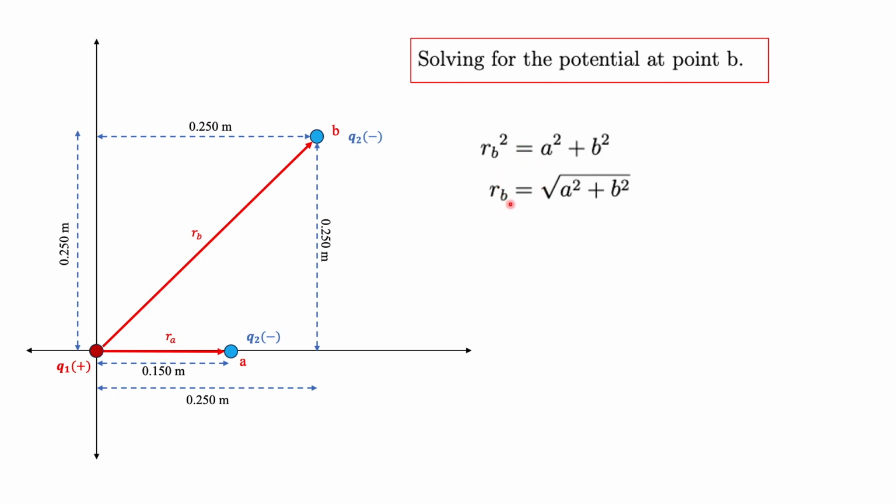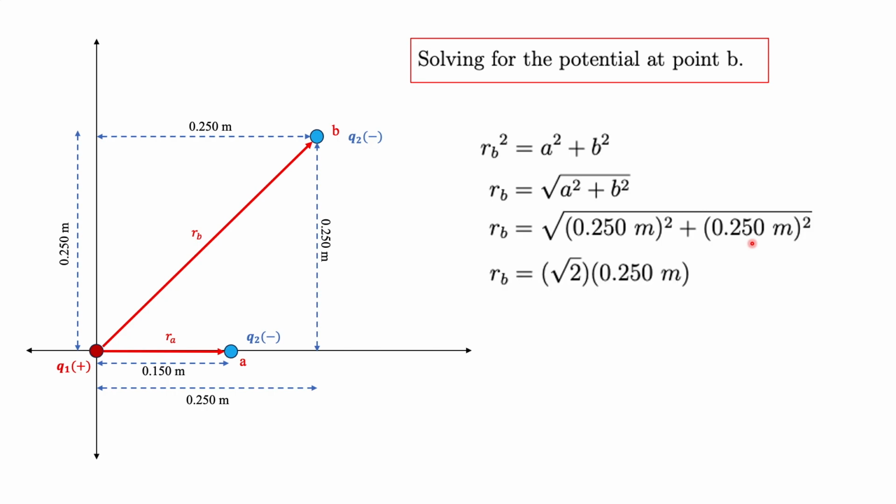So if we're going to solve for the magnitude of RB, that will just be the square root of a squared plus b squared. And as I've said, we just substitute the values that I've mentioned earlier. So 0.250 meters squared, so you can think of it as the measurement of the legs along the x. And b squared would be the measurement of the legs along the y, which is 0.250 meters also.